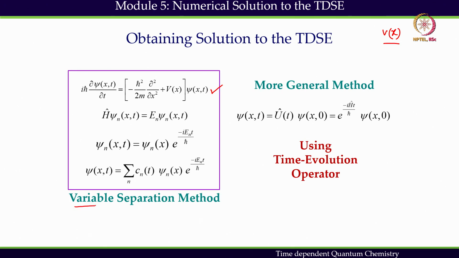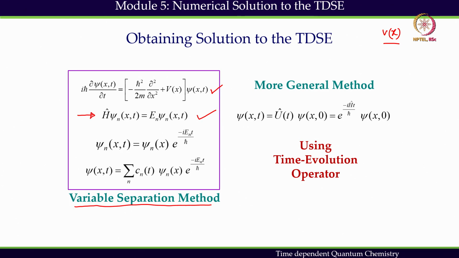We have used this variable separation method before, and in this method the eigenvectors and corresponding eigenvalues of the quantum system before the onset of time evolution are called stationary states. We can get those eigenstates and eigenvalues from this time independent Schrodinger equation.